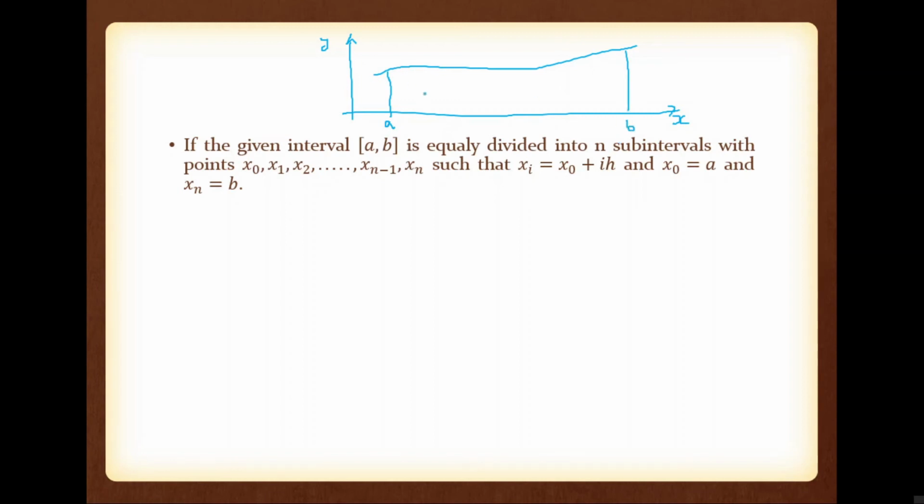Now divide the given interval into n equal subintervals. So this is the first interval, 1. This is the second subinterval, 2.